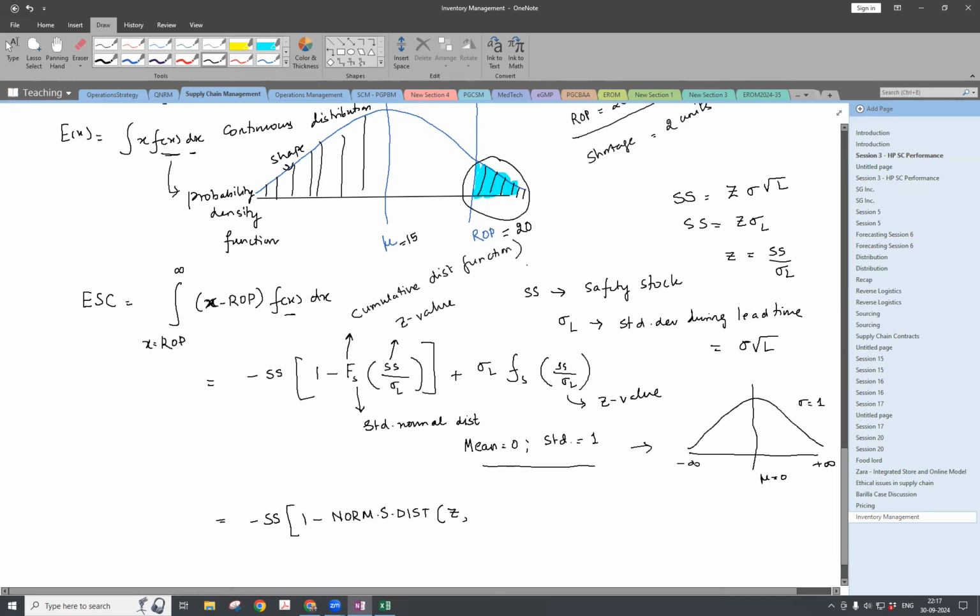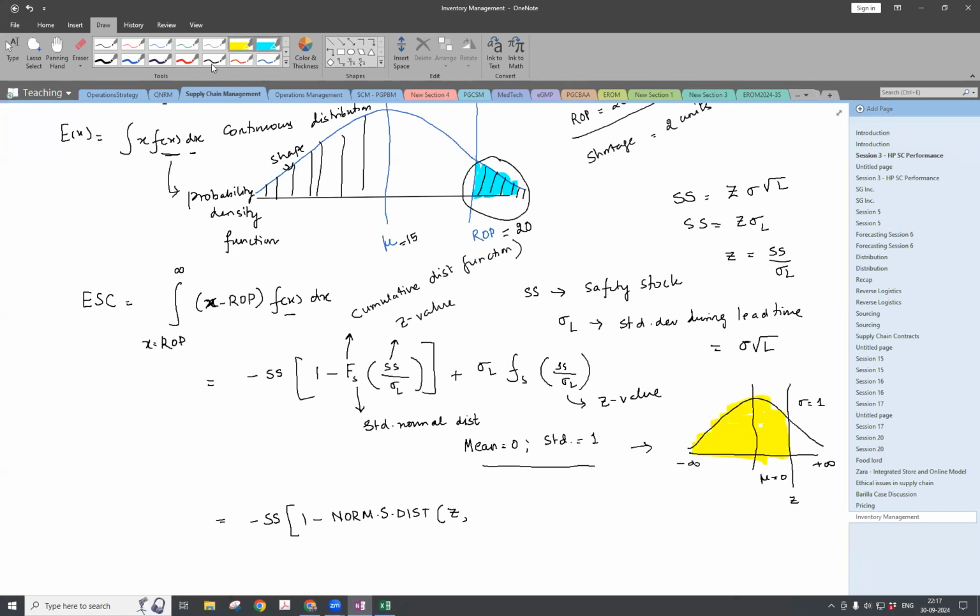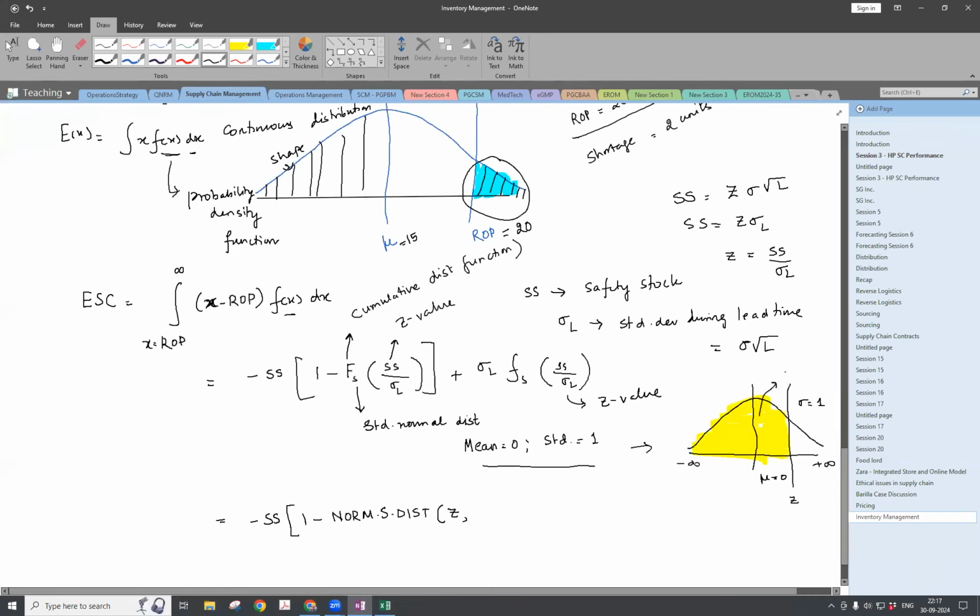The cumulative distribution function is corresponding to a particular z value. Corresponding to a particular z value, what is the left-hand side value of it? So what is the entire area to the left of this particular point? That is what this CDF is representing, which is represented by capital F, right?